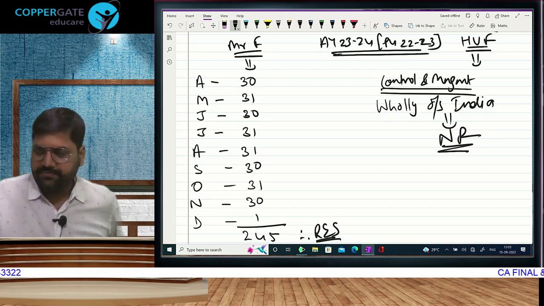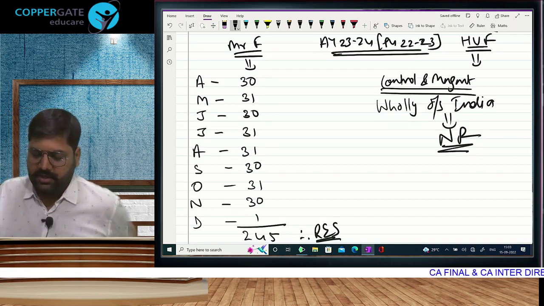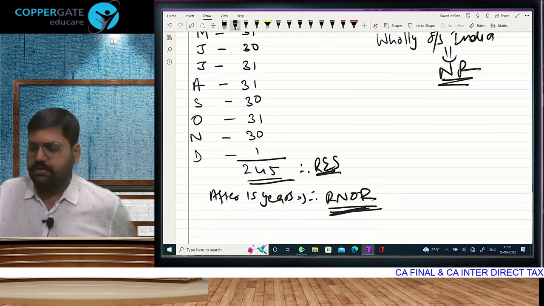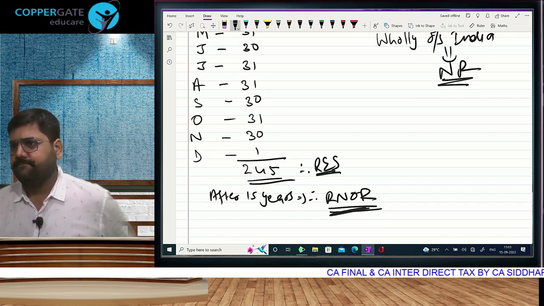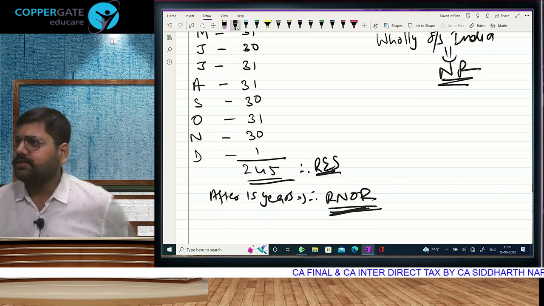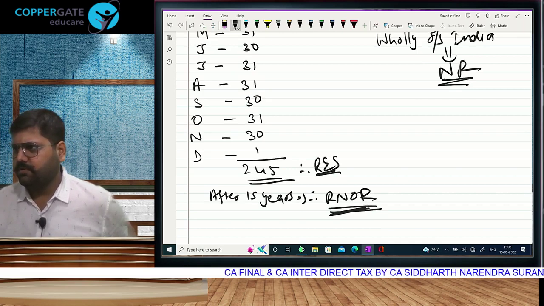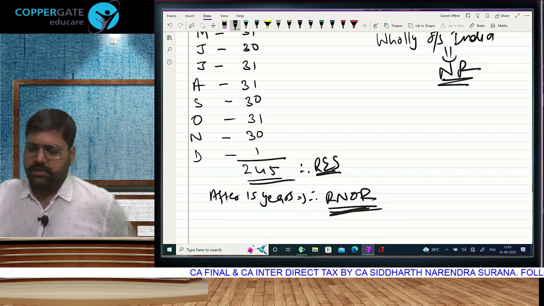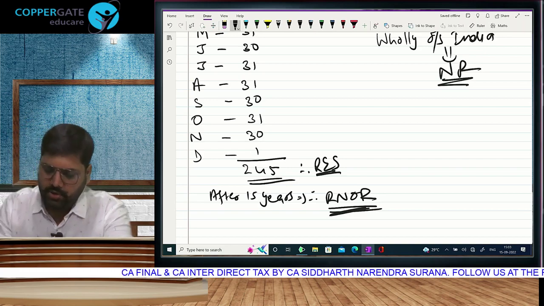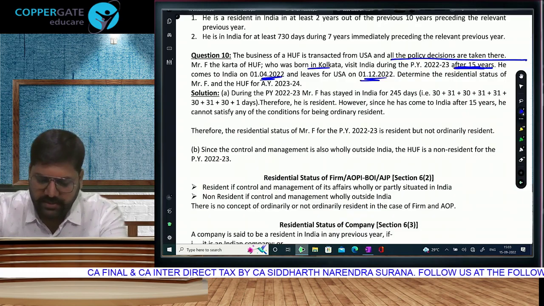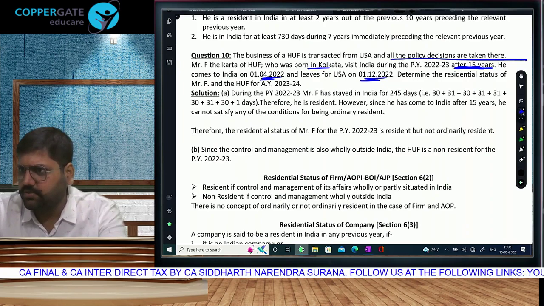So no, if one decision was taken in India, then it would have become R and OR, क्योंकि कर्ता का additional conditions are not fulfilled. But here तो non-resident ही है ना. Correct or no, मित्रों? Understood? So the HUF is also non-resident and the Karta is resident but not ordinarily resident. So tick mara. Question number 10. Understood everyone? Yes sir. HUF ka residential status we studied today only.